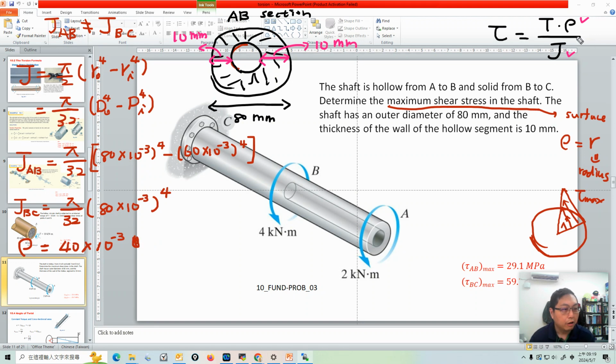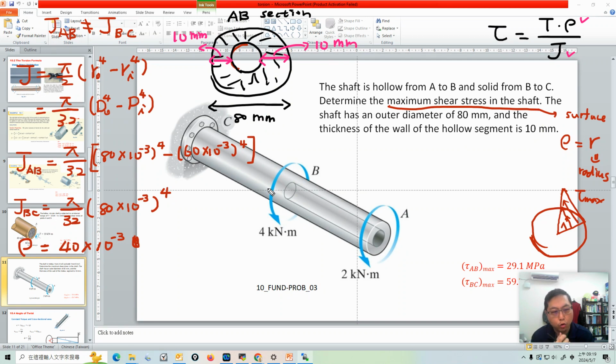All right, the next thing we don't know is the torque between the AB section and the BC section. This bar is subject to two external torques.